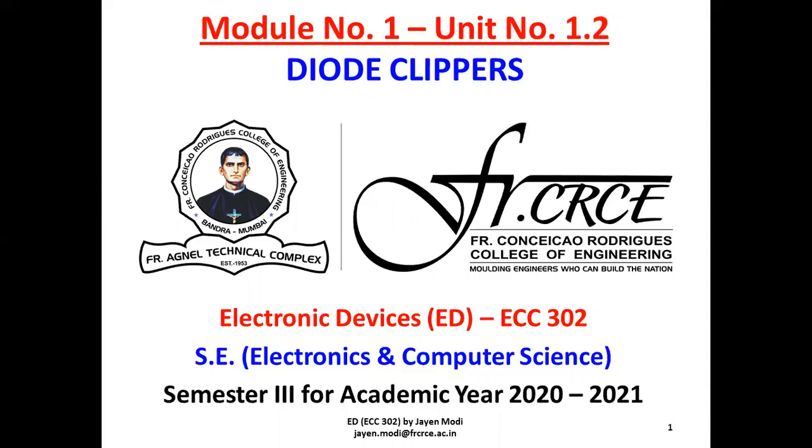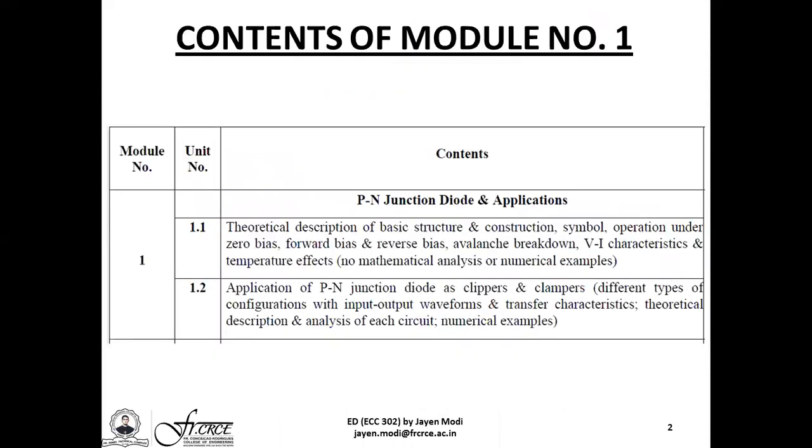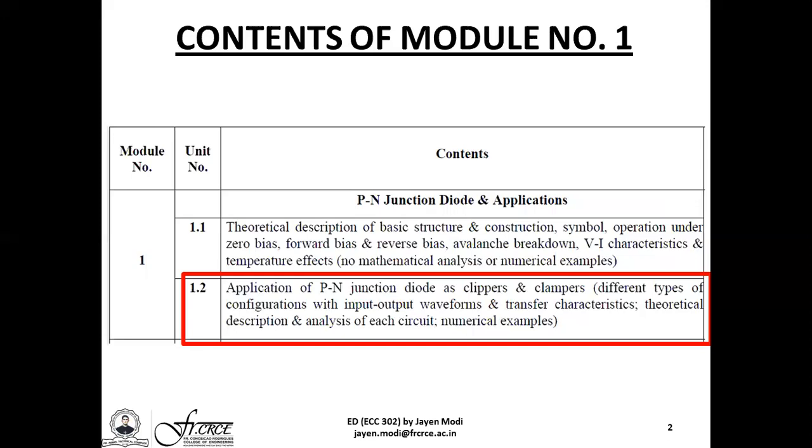So, if we take a look at the syllabus, in the previous video lecture session we have already covered unit number 1.1. Today we'll be focusing on unit number 1.2, in which we are dealing with the practical and real life applications of the PN junction diode as clippers and clampers. However, in this particular video session, we will be focusing only on the first part, clipper circuits.